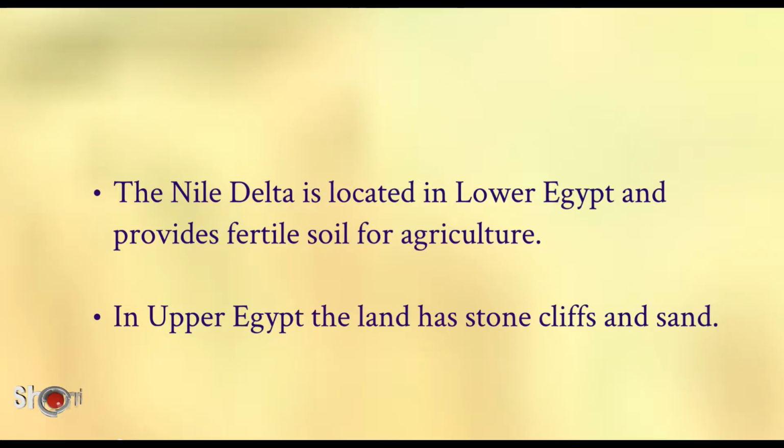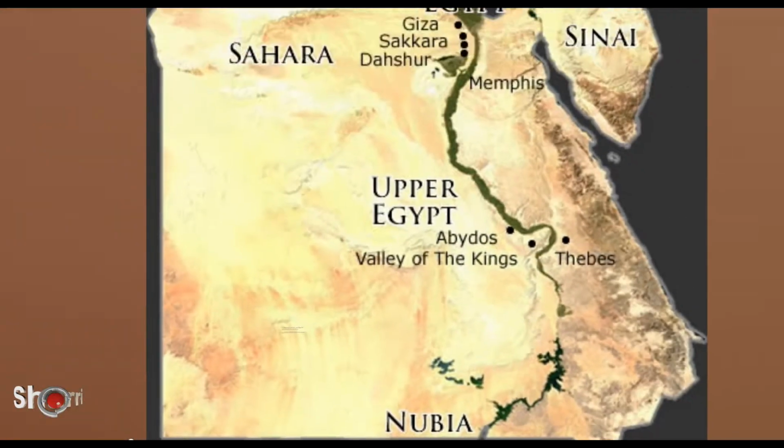The Nile Delta is located in Lower Egypt and provides fertile soil for agriculture. In Upper Egypt, the land has stones, cliffs, and sand.